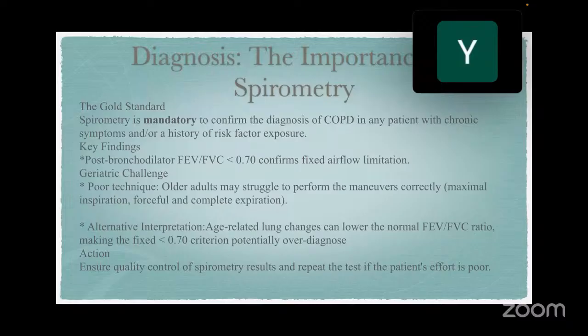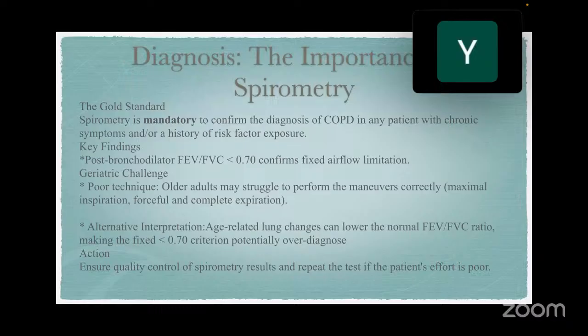Spirometry is the gold standard and is mandatory to confirm the diagnosis of COPD in any patient with chronic symptoms and/or a history of risk factor exposure. The post-bronchodilator forced expiratory volume in 1 second divided by forced vital capacity less than 0.7 confirms fixed airway limitation.